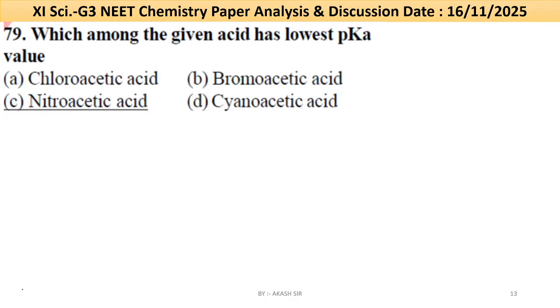Now next question 79. Which among the given acids has the lowest pKa value? Lowest pKa value. The acid with the lowest pKa value among the given options is the strongest acid. Consider the substituents on acetic acid. Okay, now chloroacetic acid formula is ClCH2COOH.